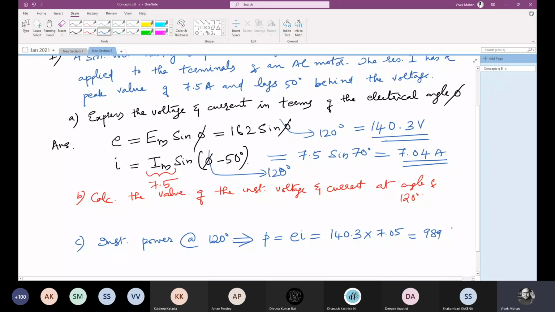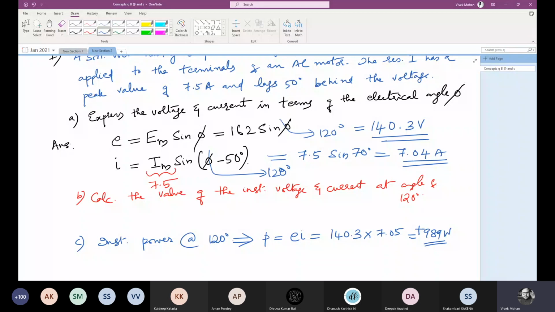And I see that the sign is positive here. So what's the meaning of this positive sign for the power as per this question? Power is being dissipated. Dissipated means that is with reference to a point only. Here I have an AC motor, it's evident from the question.